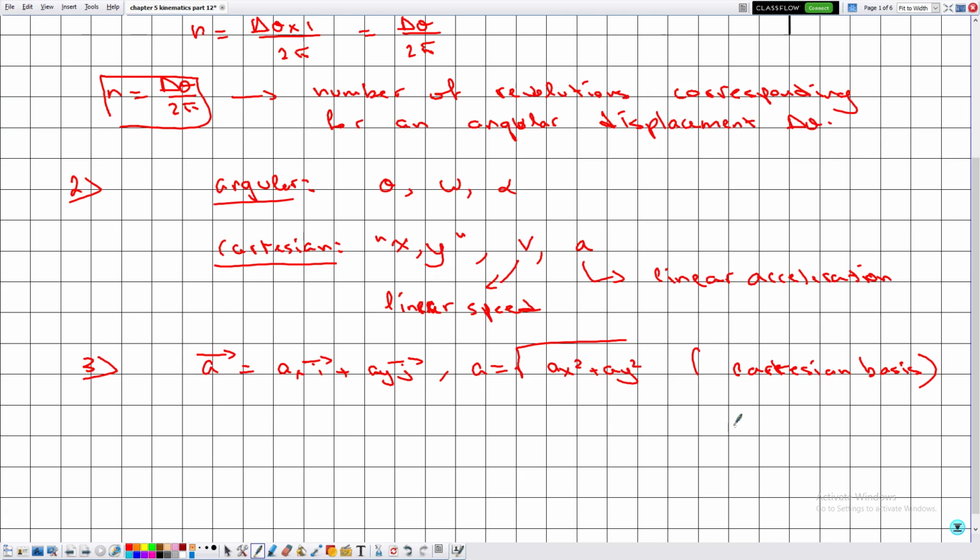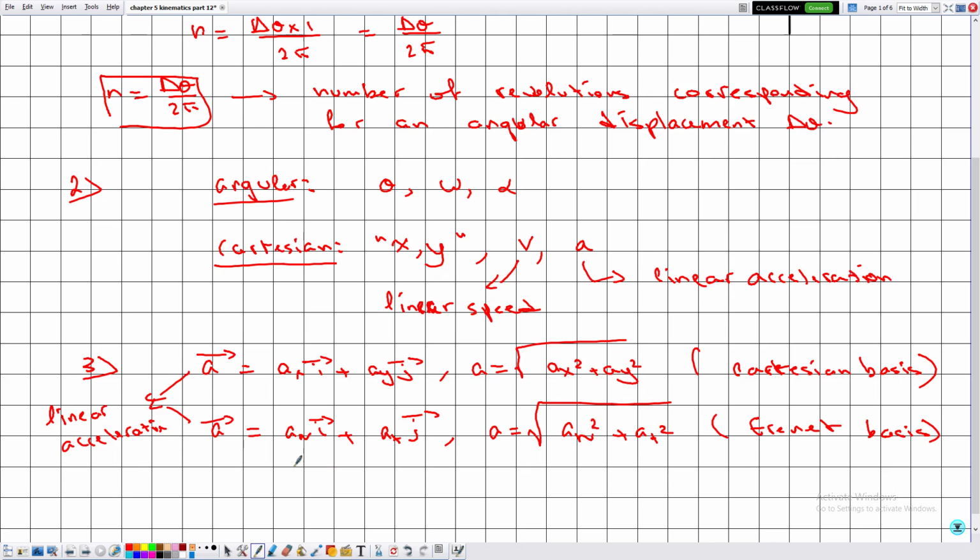Now moving to the Frenet basis, a can be expressed, and both of these are the same, the linear acceleration or the total acceleration, as a_n i, the normal acceleration, plus a_t j, the tangential acceleration. In this case a is also equal to the square root of a_n squared plus a_t squared.